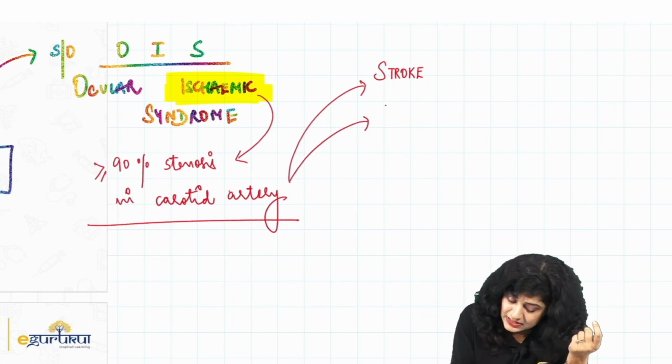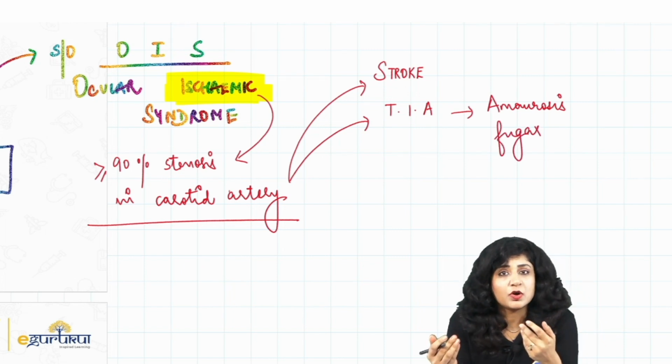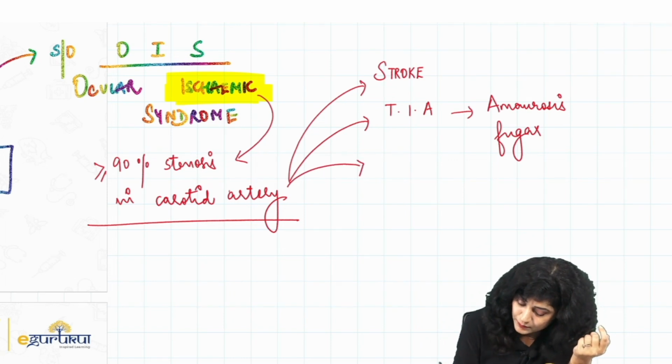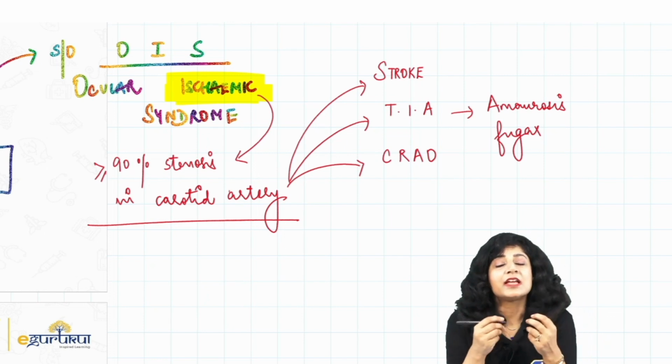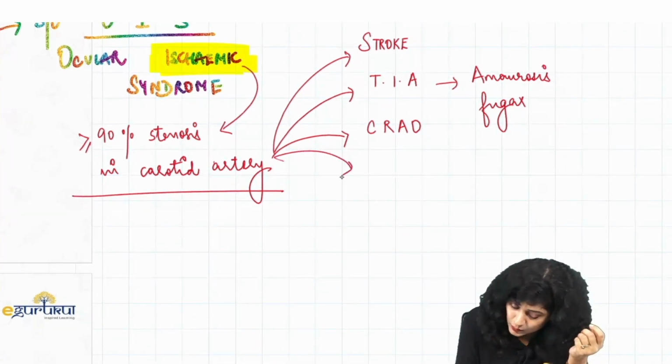Then we have the TIA, transient ischemic attacks. The patient will be presenting with amaurosis fugax. The patient will be presenting with transient obscuration of vision. The patient can also be presenting with CRAO, that is central retinal artery occlusion. The patient can also be presenting with anterior ischemic optic neuropathy.